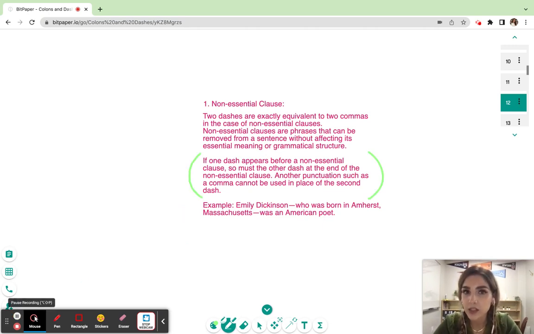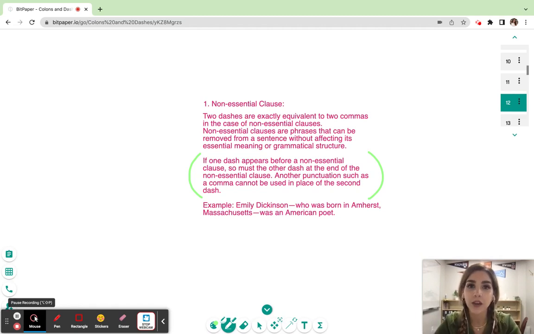However, just because both dashes and commas can set off non-essential clauses does not mean that they're interchangeable once you've already determined which one you're going to use to set off the non-essential clause. If that sounds confusing, essentially what that means is that if one dash appears before a non-essential clause, another dash has to end the non-essential clause. You can't start with a dash and then have a comma end it.